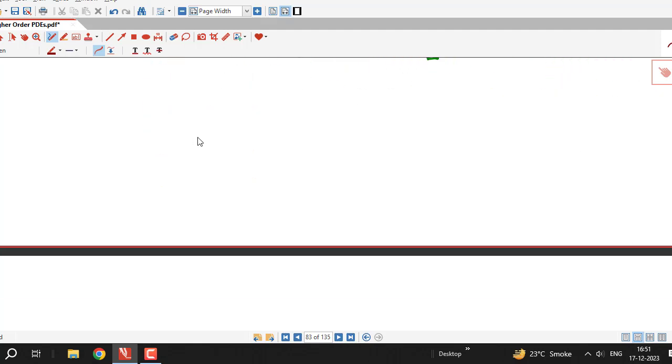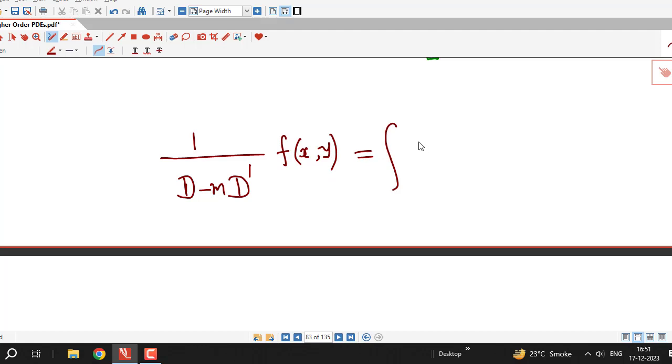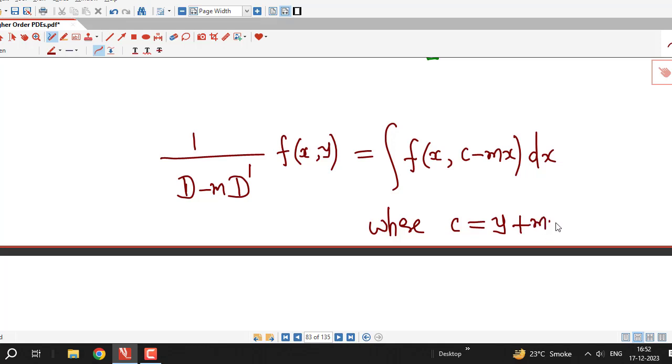So remember this formula, which we have derived by solving the Lagrange quasi-linear equation: 1 over (D minus mD') operated on f(x,y) is equal to the integral of f(x,y) where y is replaced by c minus mx, and where c is to be replaced by y plus mx after integration.